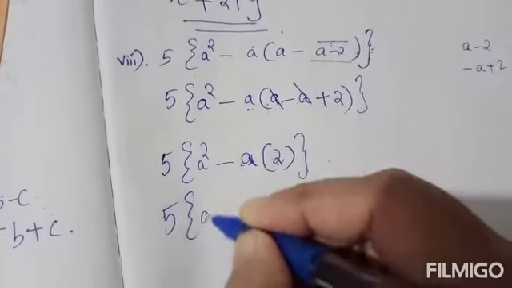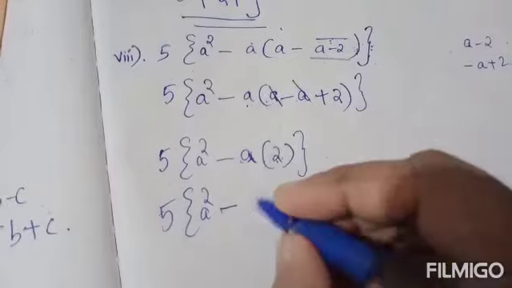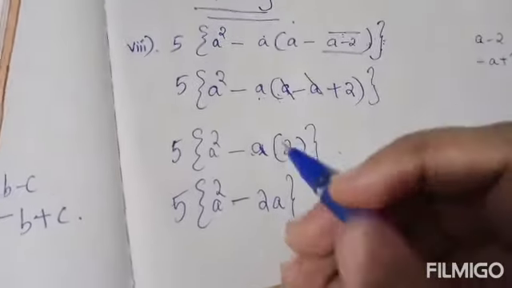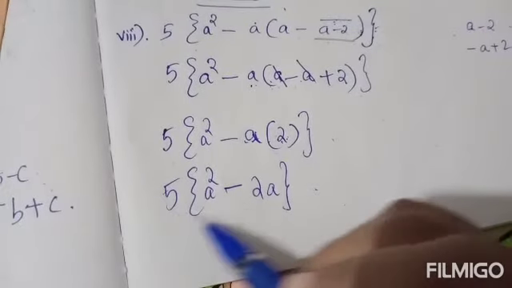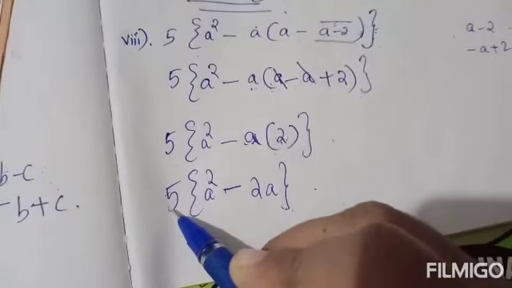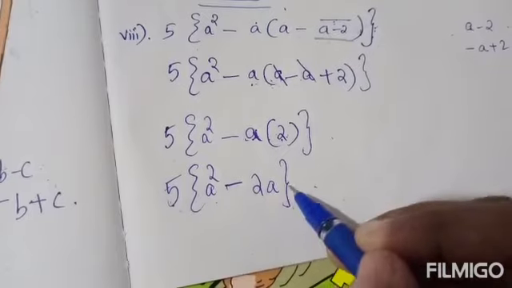So 5 into a square minus a into 2, it is 2a. Now you need to open the curly brackets. So before this curly bracket, 5 is coming. This means 5 into a square minus 2a.